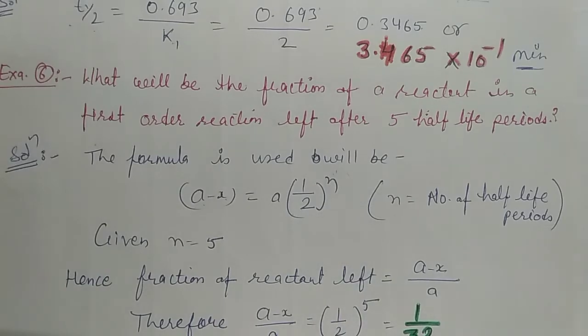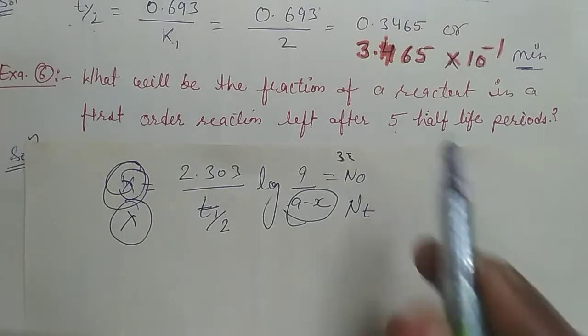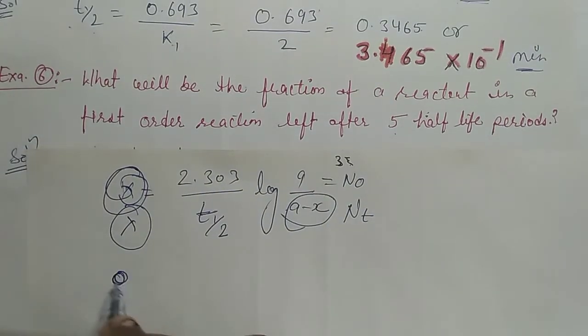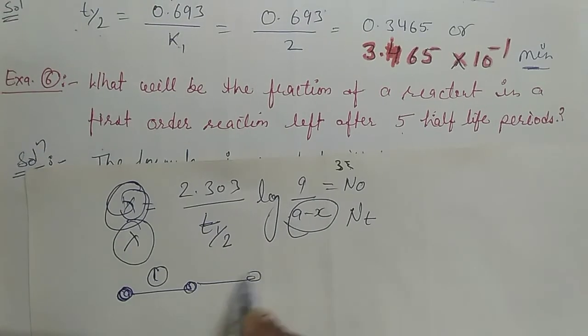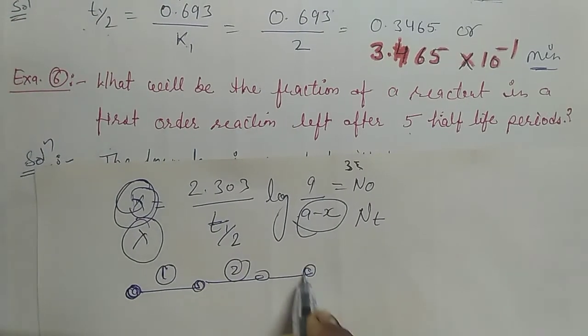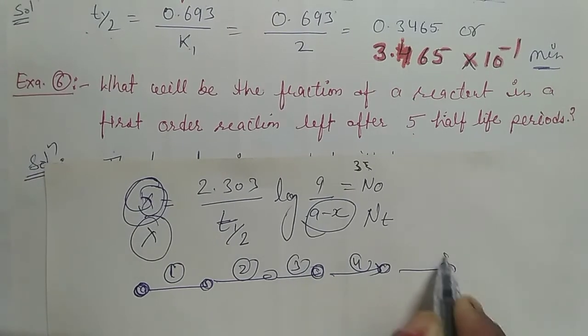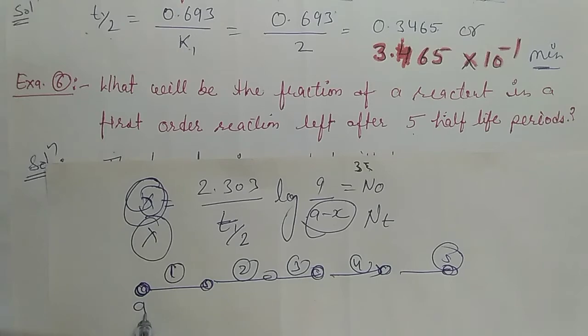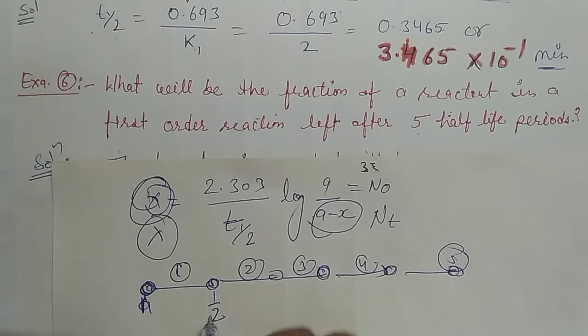We can also solve this question as follows. Suppose this is the initial concentration, 1. After 1 half-life, after 2 half-life, 3 half-life, 4 half-life and 5 half-life. Initially it is 1, then it will be 1 upon 2 after 1 half-life.